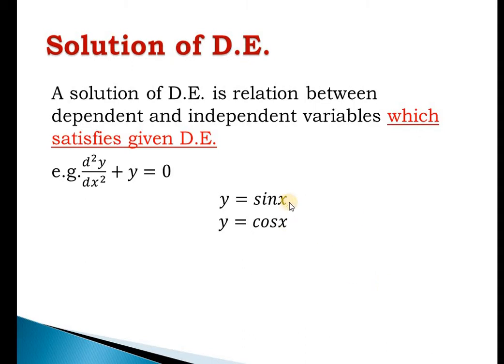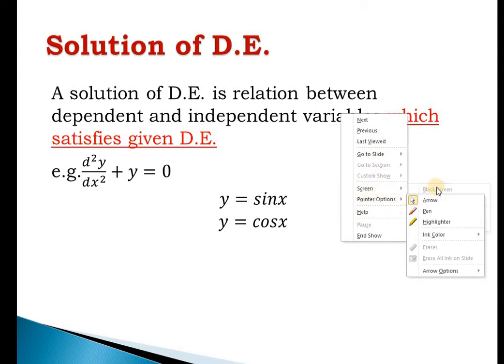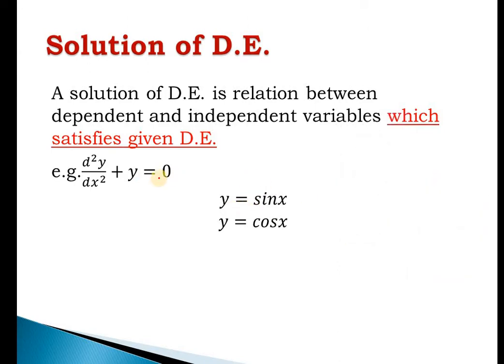If I substitute y is equal to sin x or y is equal to cos x, what happens? We know the derivative of sin x is cos x, so the first derivative y dash becomes cos x, and the second derivative becomes minus sin x.